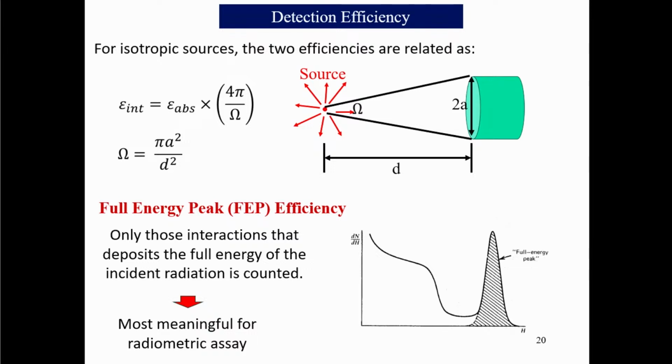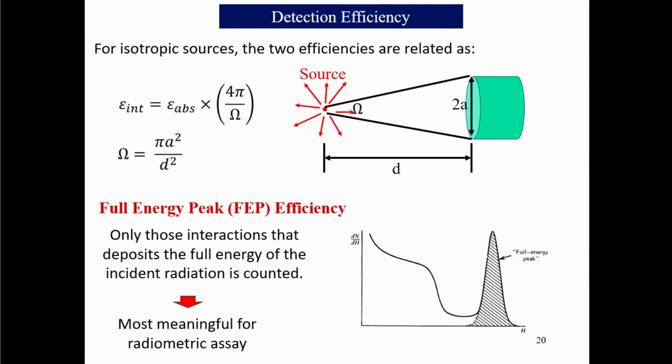Another very useful efficiency is the full energy peak efficiency. I introduce this term because for your research, when it is a question of quantifying certain radionuclides, you are mostly interested in the full energy peak area.